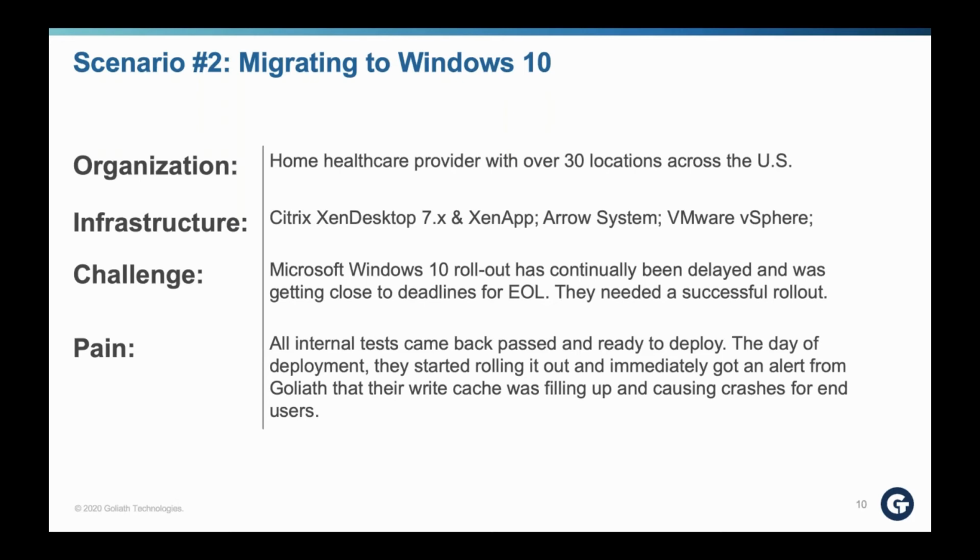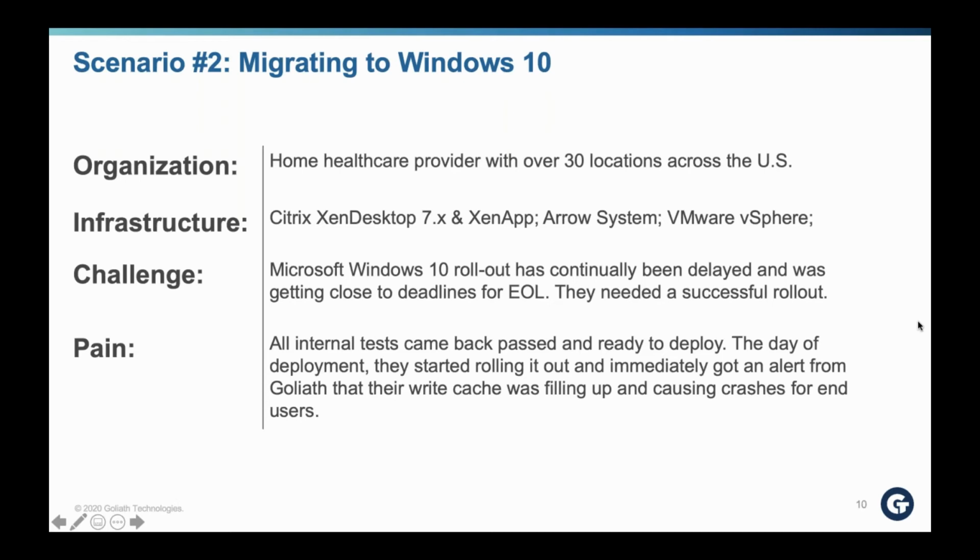This allowed them to halt the move to production and focus on remediating those issues. This is an example of how the embedded intelligence and automation of a purpose-built tool like Goliath was able to identify these issues and alert the team proactively, before they deployed this and had these users experience these issues in this new environment.